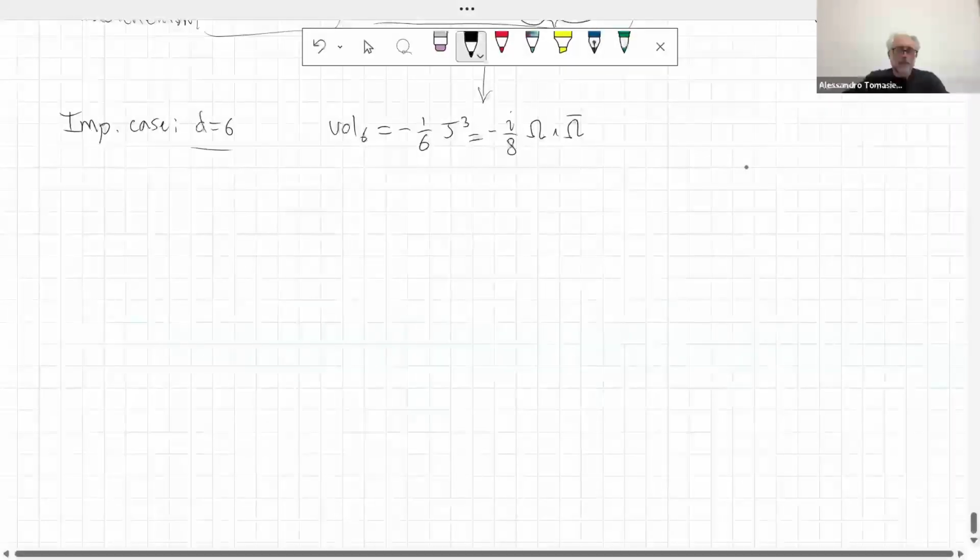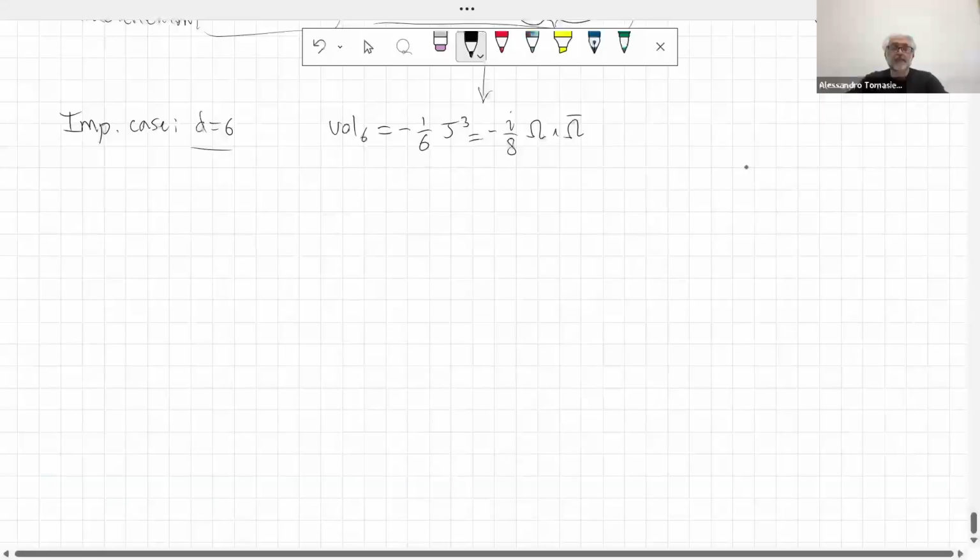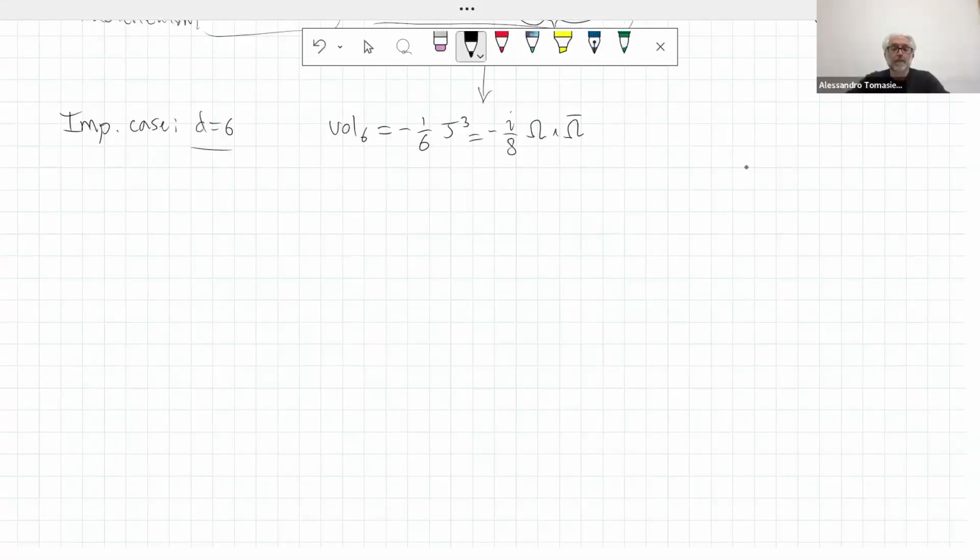Actually, from now on, I will mostly have in mind that d equals 6 case because of physics, but you can bear in mind that any of the things I will say easily generalize to any other dimension.